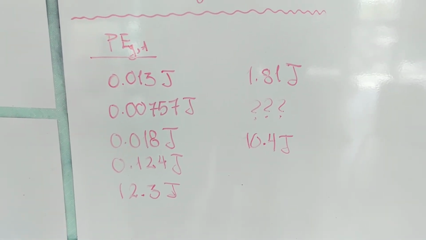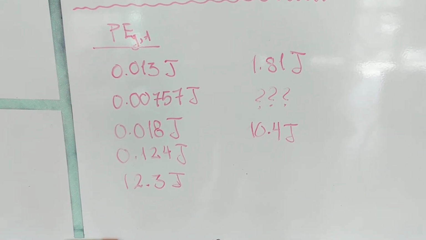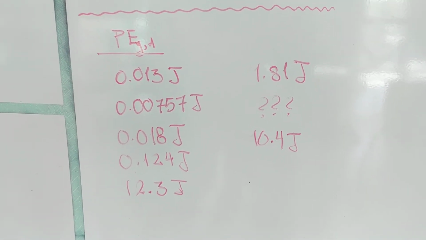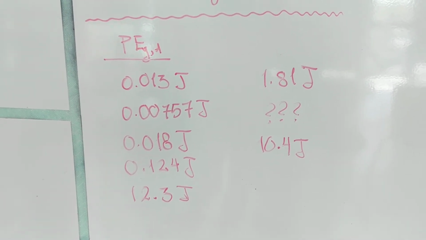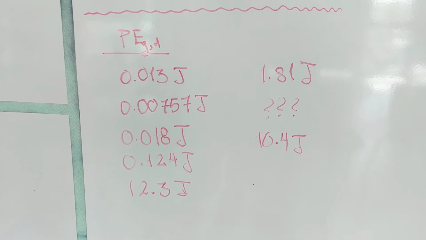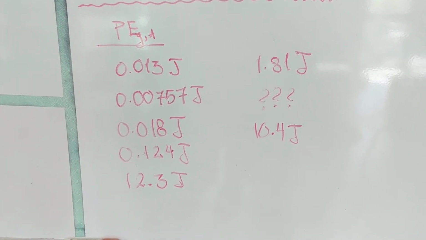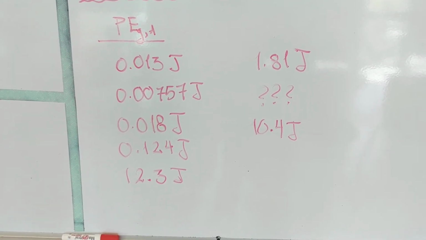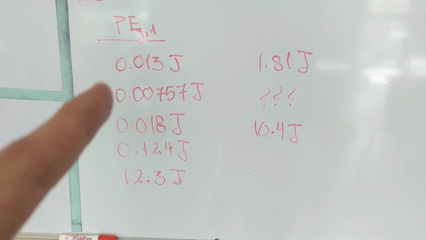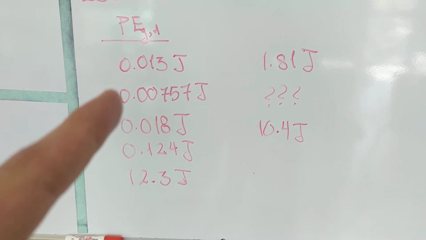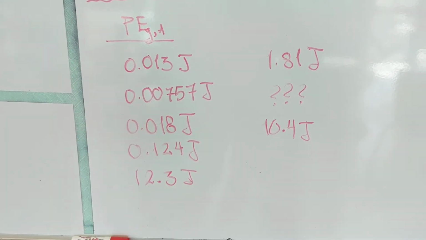And I might expect different roller coasters and different marbles to have different potential energies. Maybe even by a factor of 2, right? One coaster, if it's twice as high as another, you would expect it to have twice as much potential energy at the beginning. But notice, the smallest number, this one here, is almost 1/100th.